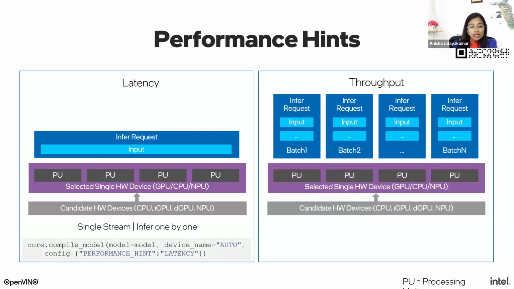So as you see here, in latency mode the major focus is on speeding up the processing time of each individual task, which is really ideal for real-time applications. If you want real-time inference, then that would be the go-to option. And throughput is all about processing as many tasks as possible within a given time, which is perfect for high-load scenarios.